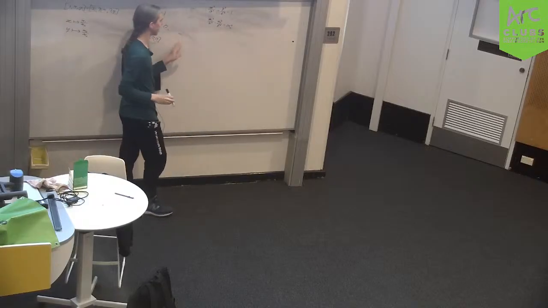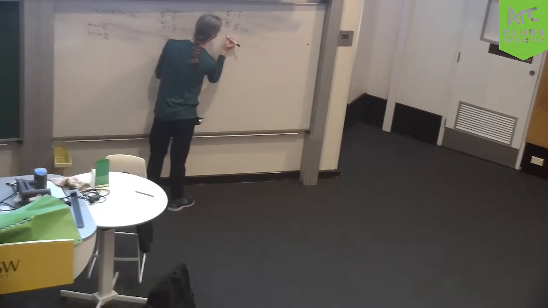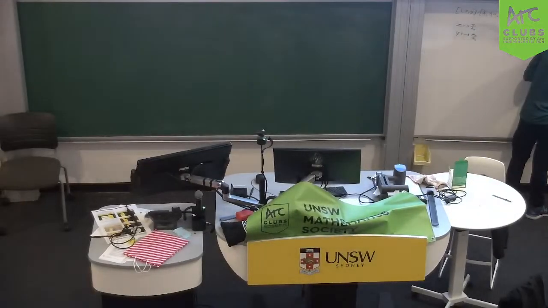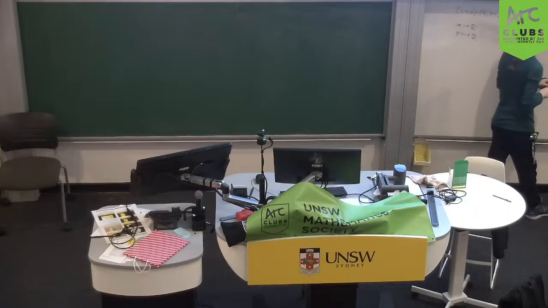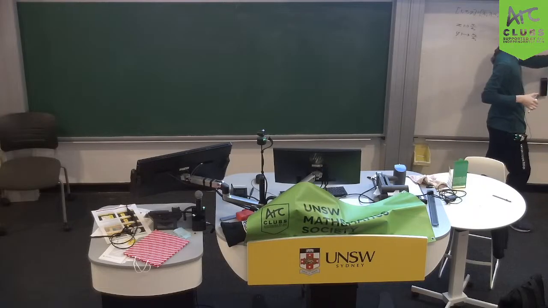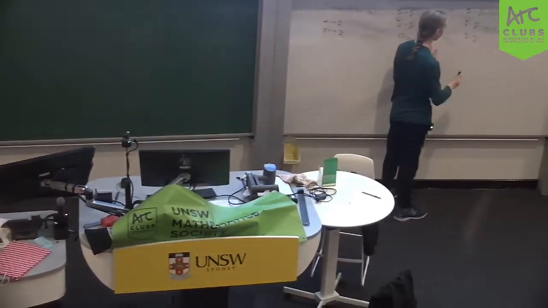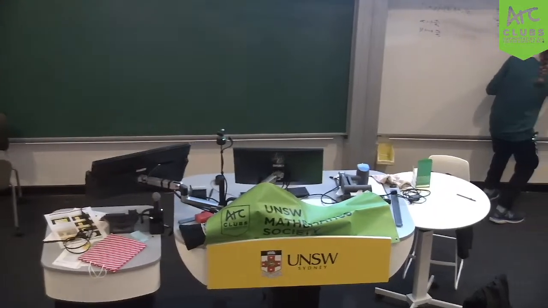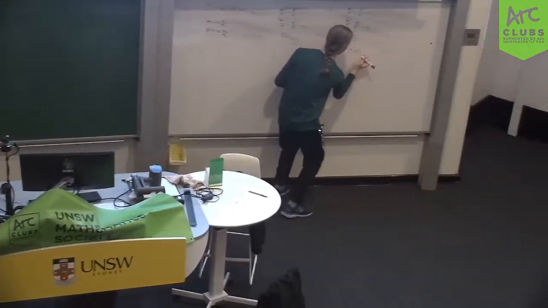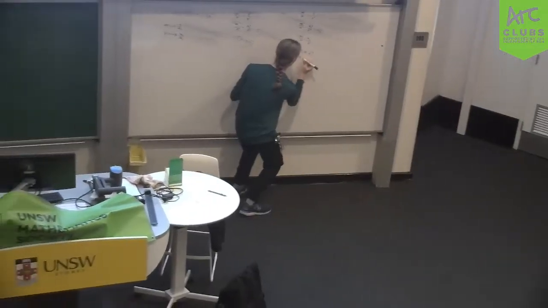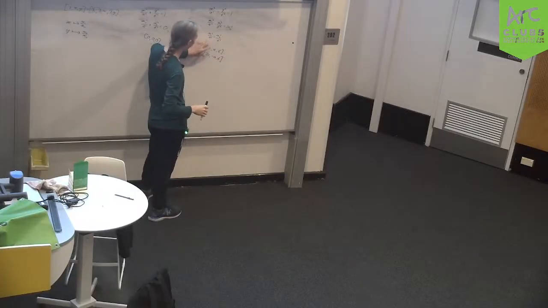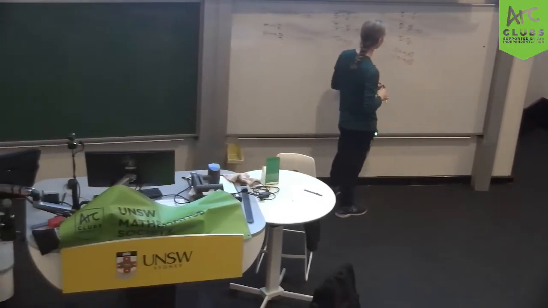And then again, setting x0 to 0, we have x1 squared on a squared is equal to x2 squared on b squared. And by inspection, we can see that the only solutions to this are going to be (0, a, b) and (0, -a, b), again up to scaling because we're using homogeneous coordinates here.